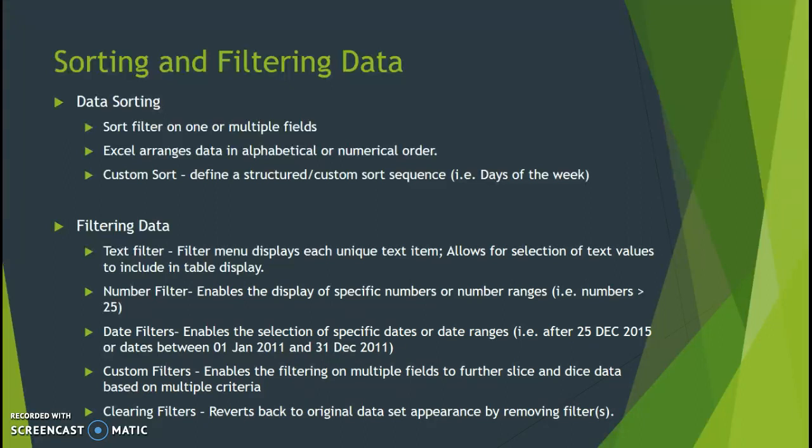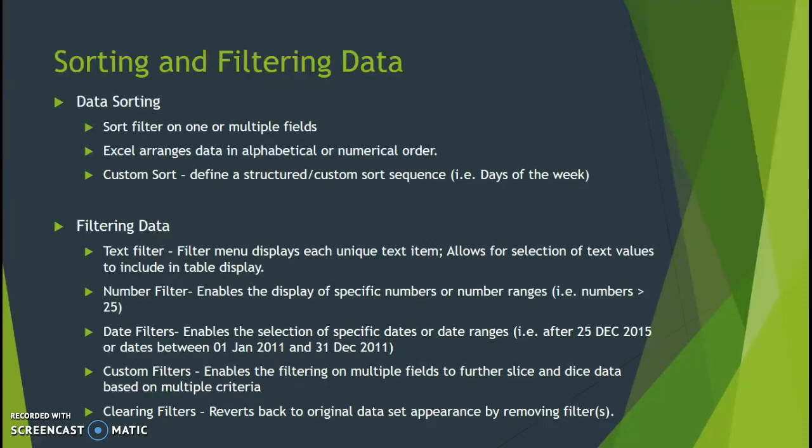Filtering data, you can filter on a number of different types of fields. You can do a text filter, which basically will display in the menu each unique text item. And then based on the values you select, the table will then go ahead and display those records that include that filter.